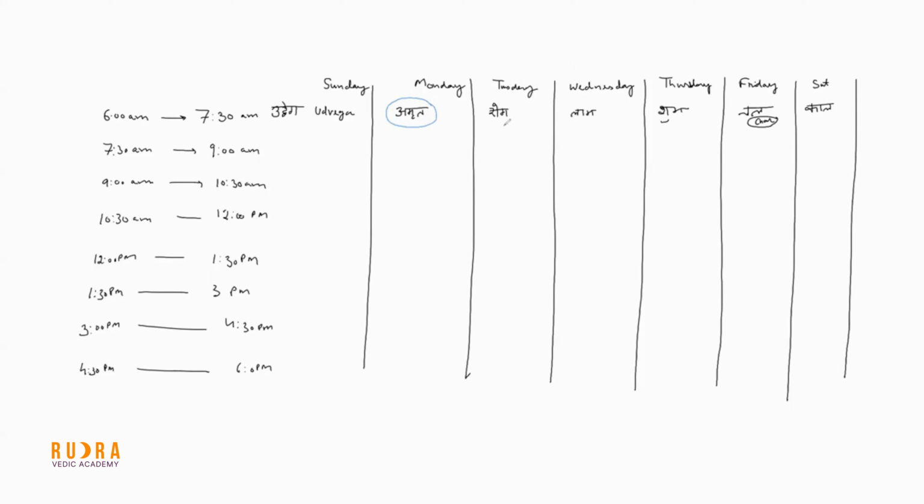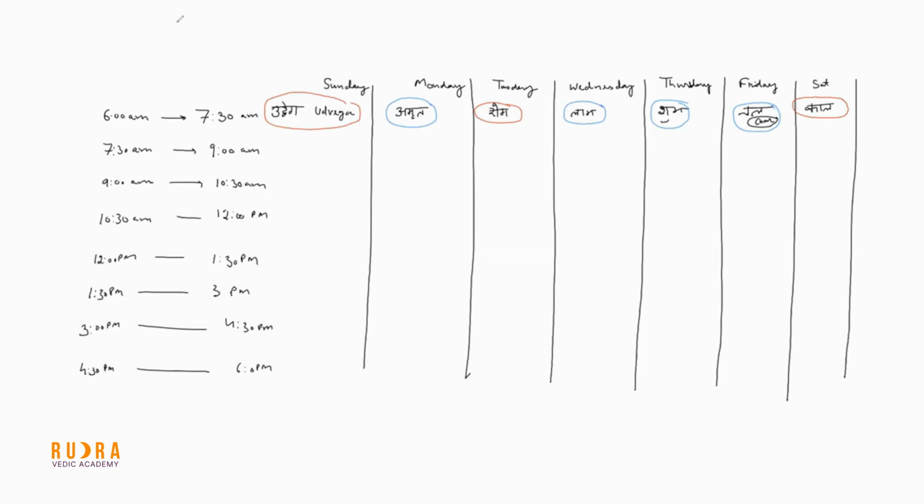Is Rog a good word? No. Labh is a good word, right? Yes. Shubh is a good word, right? Yes. And Chal is also a good word. The bad words are Udveg, Rog, and Kal.